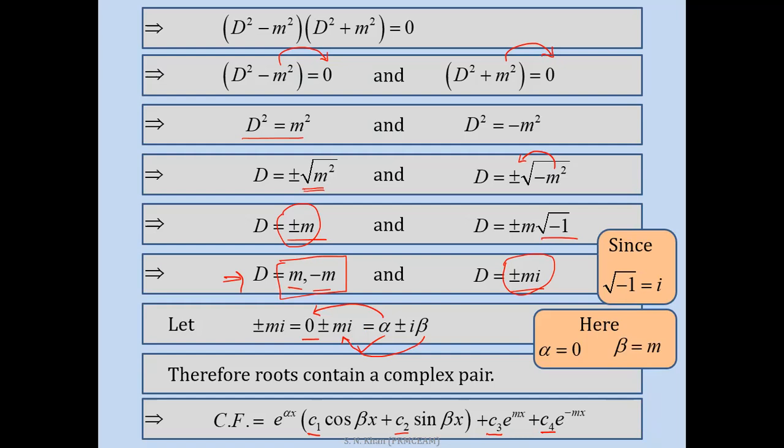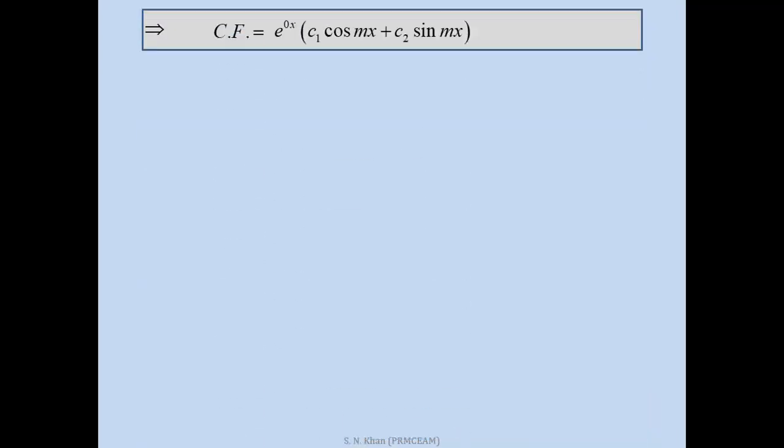Substituting these values, if we put alpha equal to 0, the exponential term will become e to the power 0. Putting beta equal to m, it will become cos mx and sin mx. So CF equals e to the power 0x in bracket c1 cos mx plus c2 sin mx, plus c3 e to the power mx as it is, and plus c4 e to the power minus mx, again as it is.